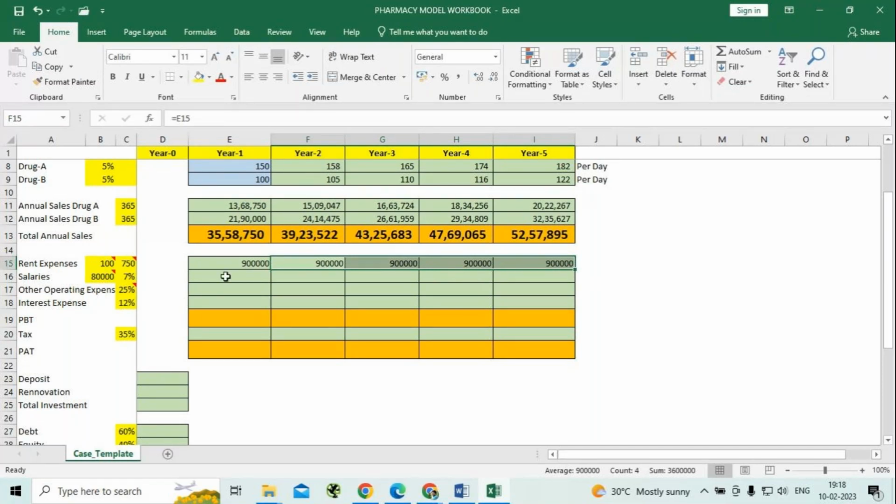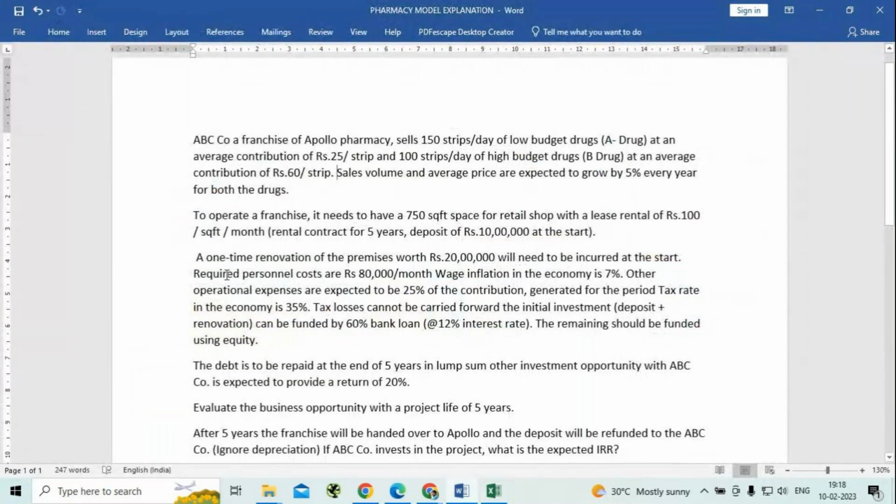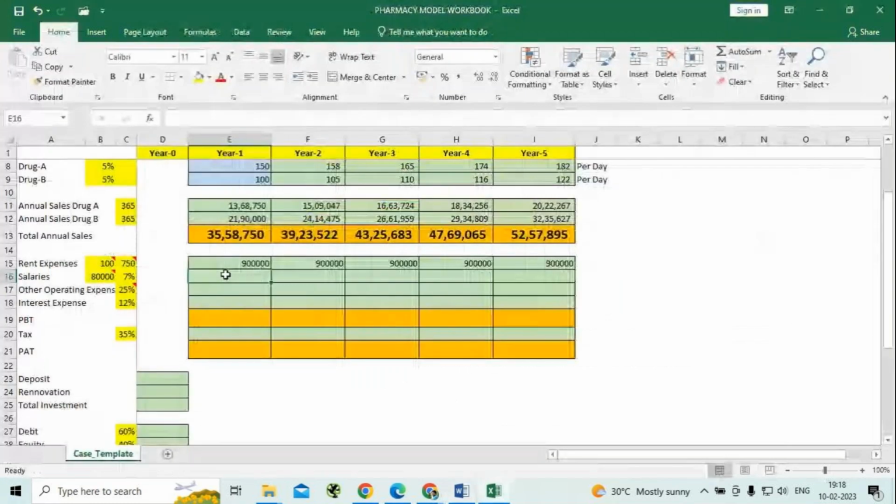Okay. So the next thing is the salaries. Let us see what information we have on this. A one-time renovation of premises worth rupees 20 lakhs will need to be incurred at the start. That means at the initial stage you are supposed to spend 20 lakhs for the renovation, and the deposit of 10 lakhs you are supposed to give. So let me put up these values.